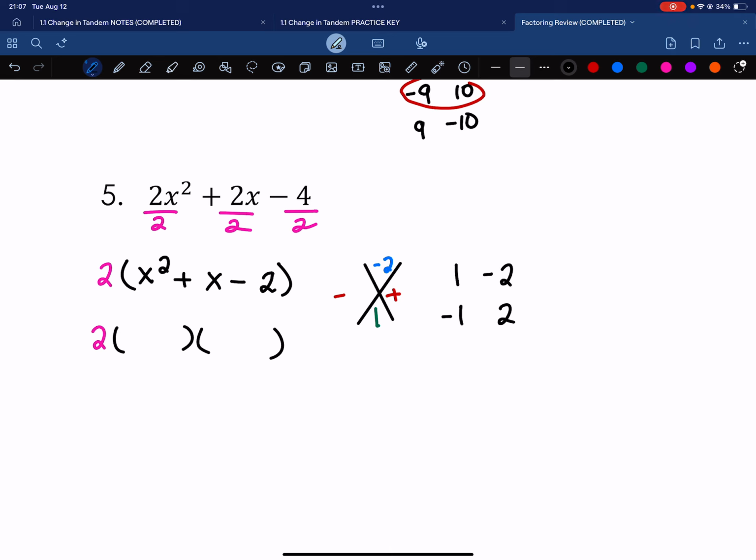We want to get a positive 1, which means we need the bigger number to be positive. So we're going to have negative 1, positive 2. So we have x and x. Then we have our minus 1 and our positive 2.